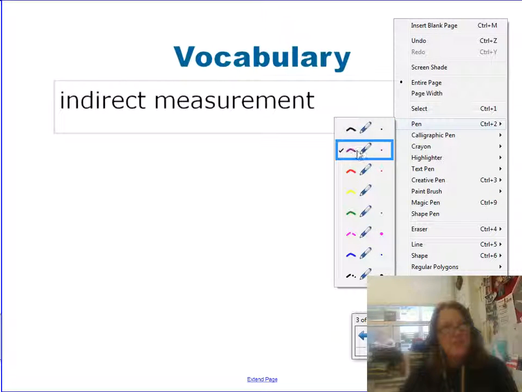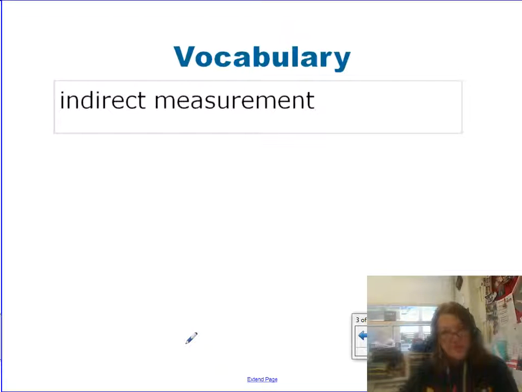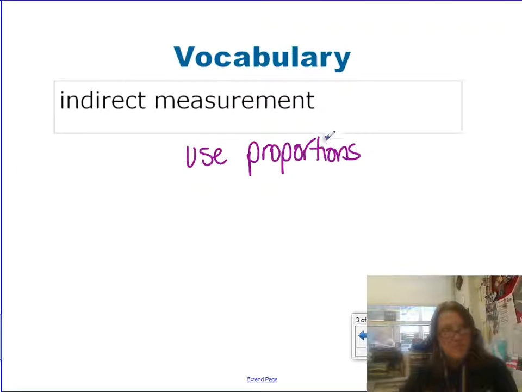So we've said this is our goal today. We're going to find measurements of things, measuring things indirectly. So what does that mean? Well, what we're going to do is use proportions and similar objects.